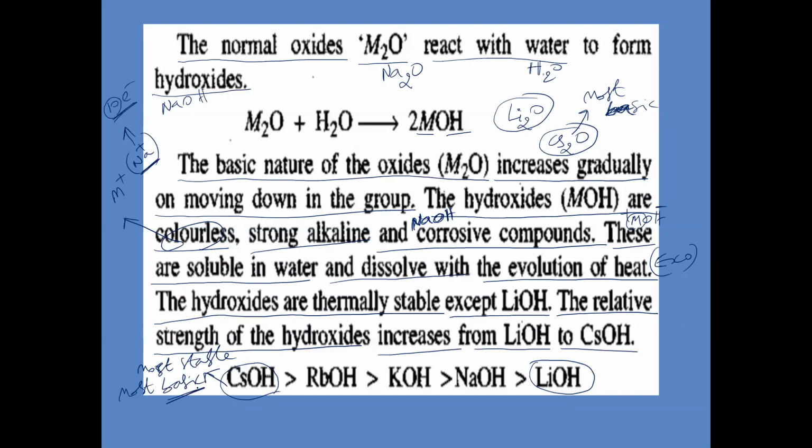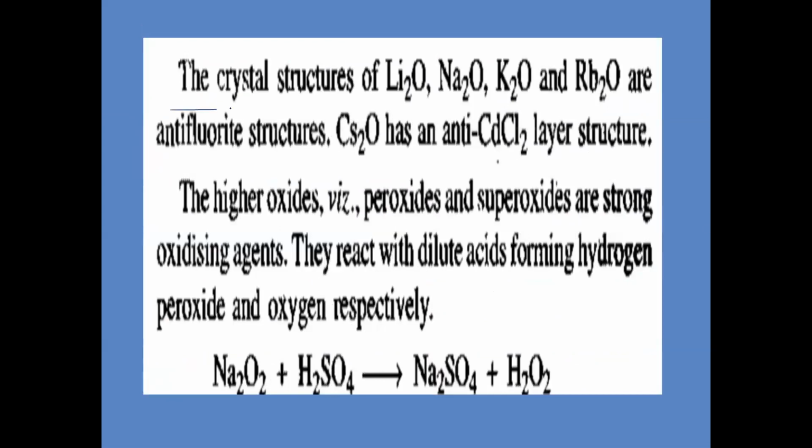Most basic means the most alkaline substance among these hydroxides here. So stability will increase from lithium to cesium, and basicity, basic nature, also will increase from lithium to cesium. That point we have to understand. Next, the crystal structures of Li2O, Na2O, K2O, and Rb2O are anti-fluorite type structures.